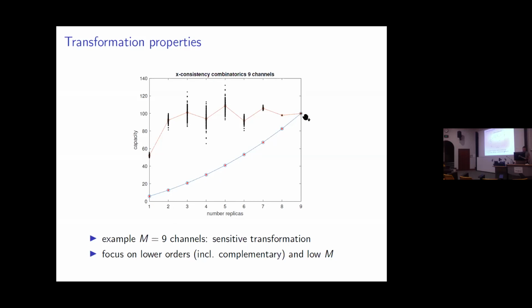You send that through this transformation, and you get this curve here of deltas. It gives you just M times the capacity here at the very beginning, but then it starts to fluctuate a lot, and in the end converges again.